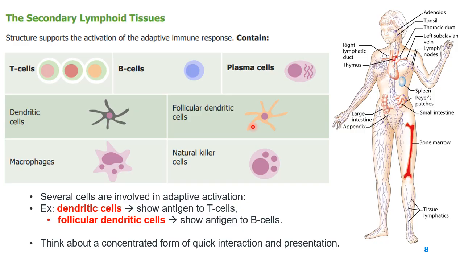Besides your typical dendritic cell, you also find the follicular dendritic cell. This one is really important for activating further differentiation of your experienced B cell, and we're going to see how that works. You also find your surveilling macrophages there.